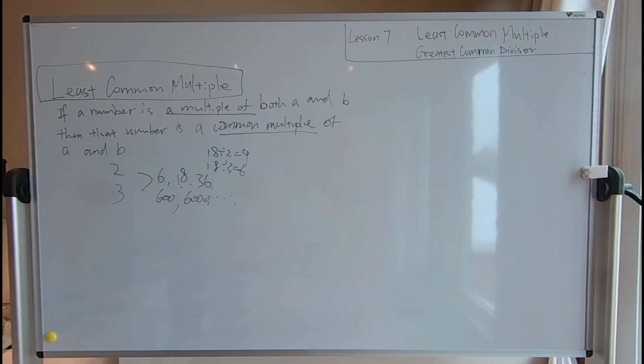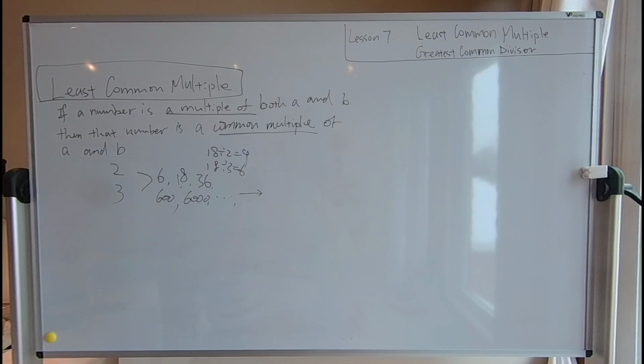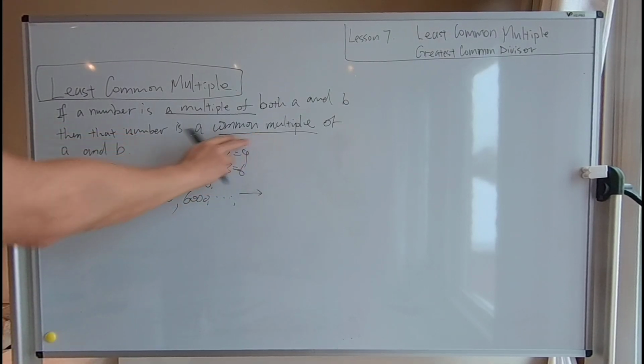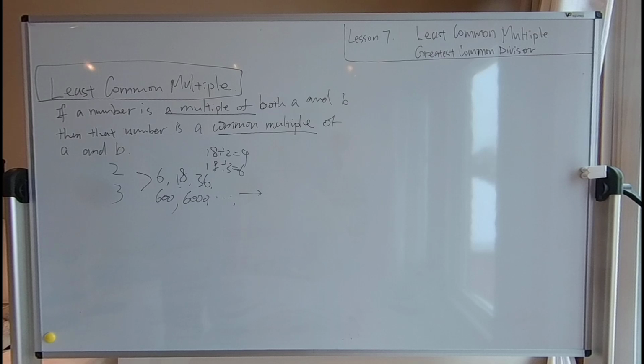You can find infinitely many common multiples of two given numbers. The numbers will go larger and larger. So this is the first thing: if we're just looking for a common multiple, there's no unique solution. You can find as many as you want.